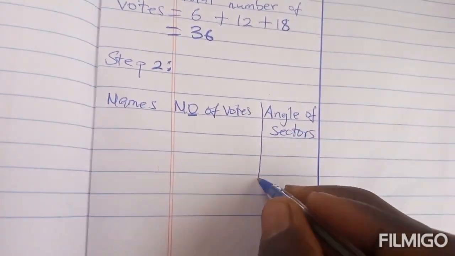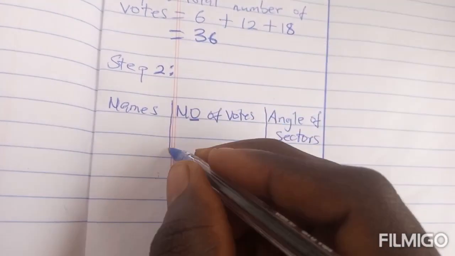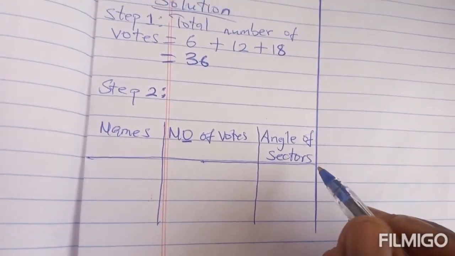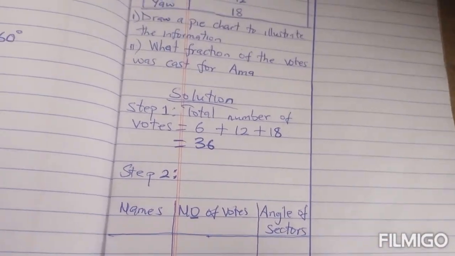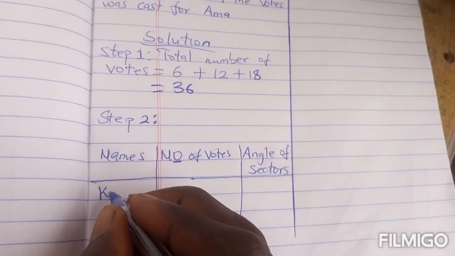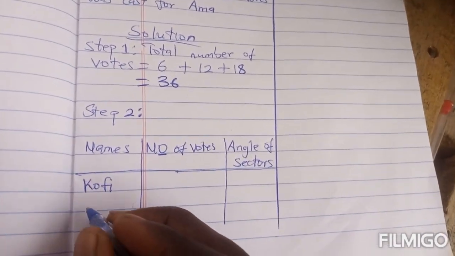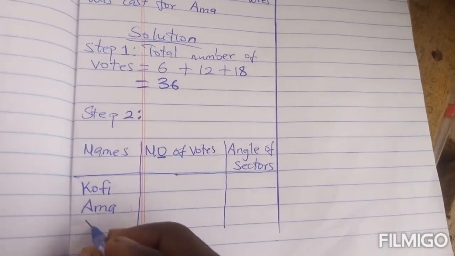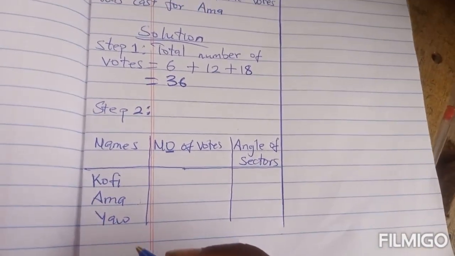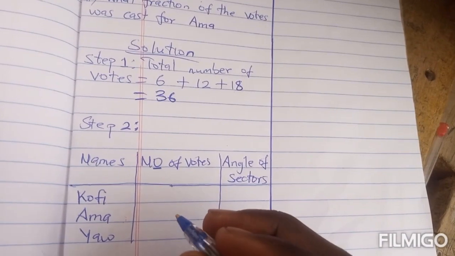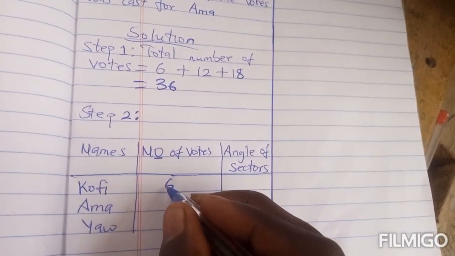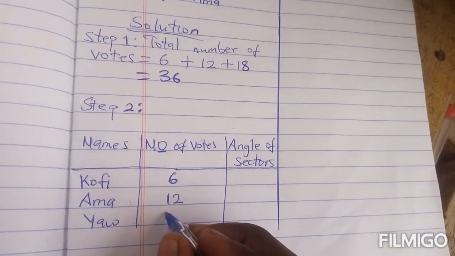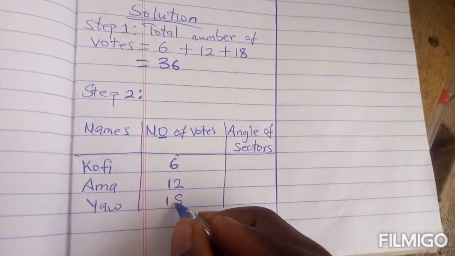Okay, so for the names, we have Kofi, Ama, and Yao. For the number of votes, Kofi has 6 votes, Ama 12, and Yao has 18 votes.